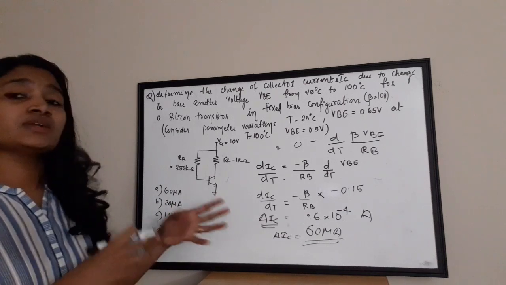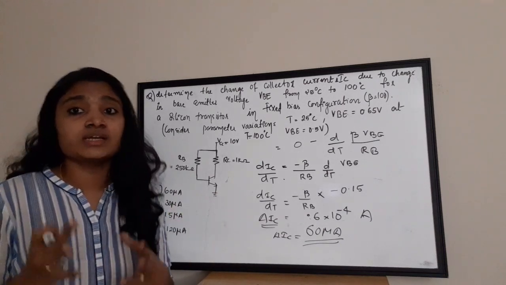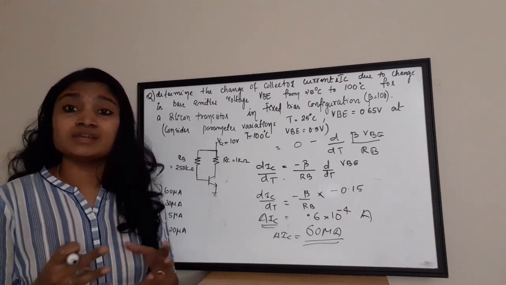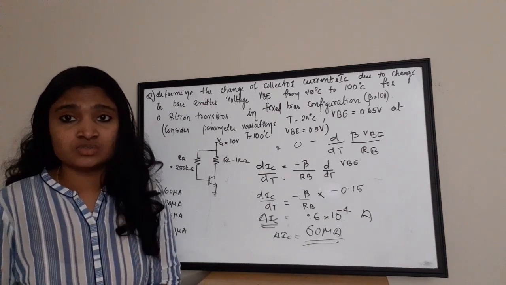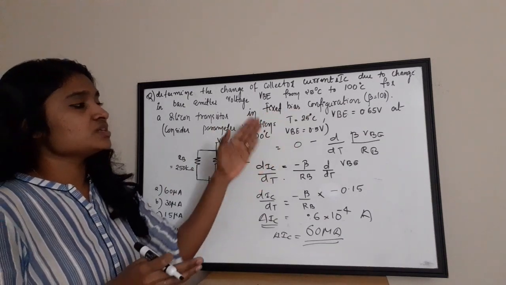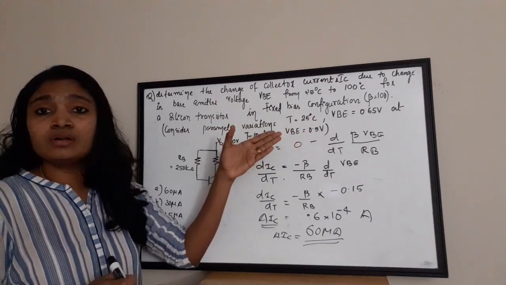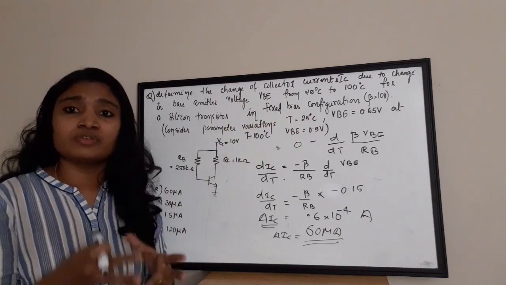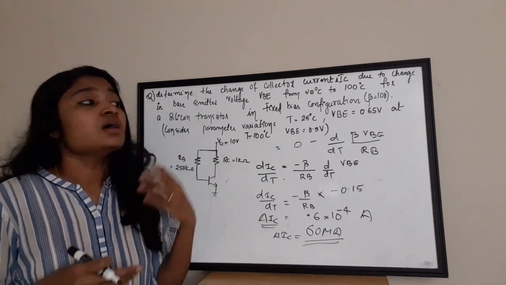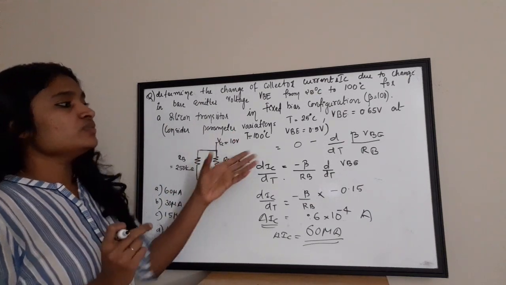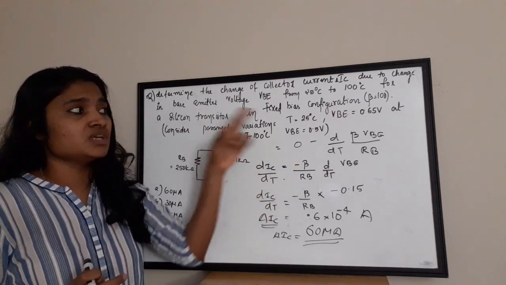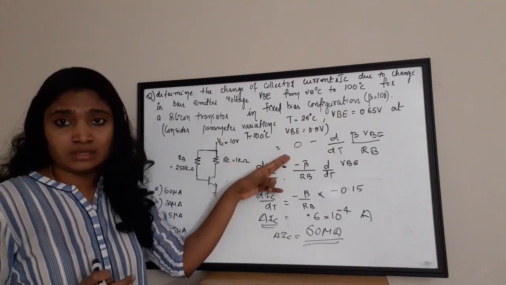So, in the question, we are actually finding the change in our collector current. This collector current is depending on the temperature because the temperature is actually causing a change to the VBE value. We are given the two temperatures and also the values of the change in VBE. So, we need to find the change in collector current by applying this change to your VBE.